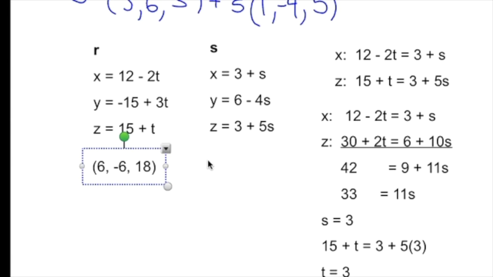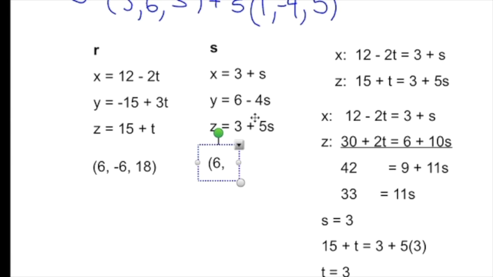So that's for line R. For line S, 3 plus s was 3, so 3 plus 3 is 6. 6 minus 4 times 3, 6 minus 12 would be negative 6. And then I have 3 plus 5 times 3. 5 times 3 is 15, plus 3 is 18. And you can see here that we actually do end up at the same point. So this is the intersection point.